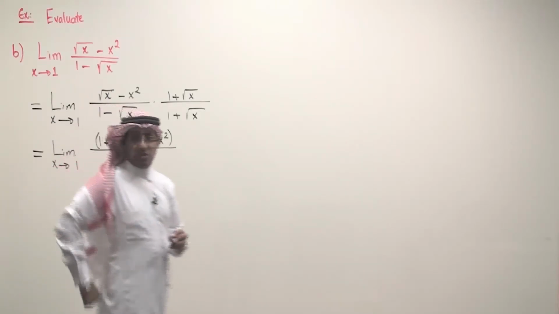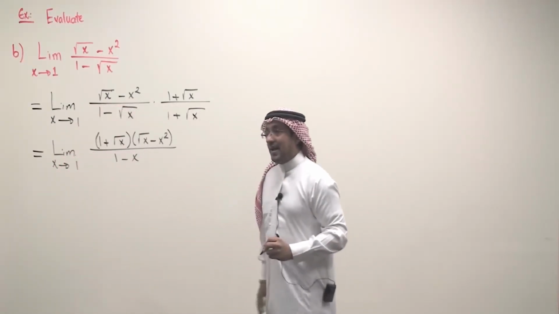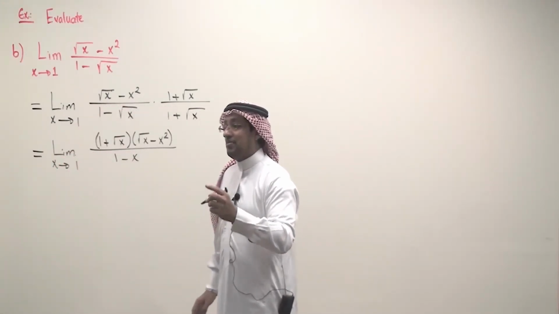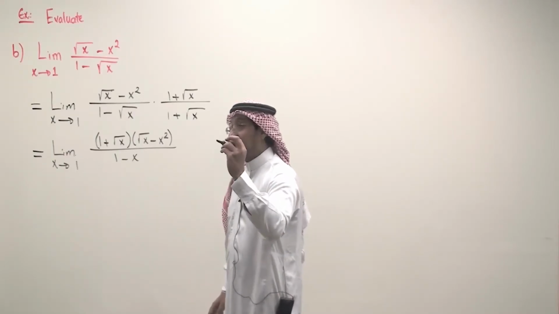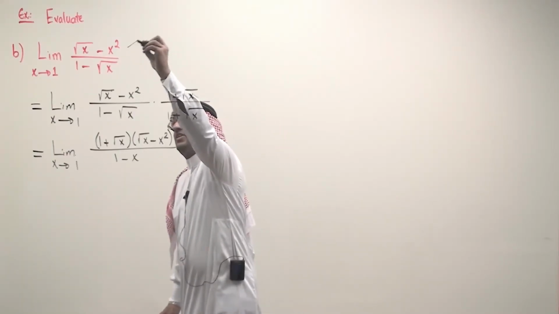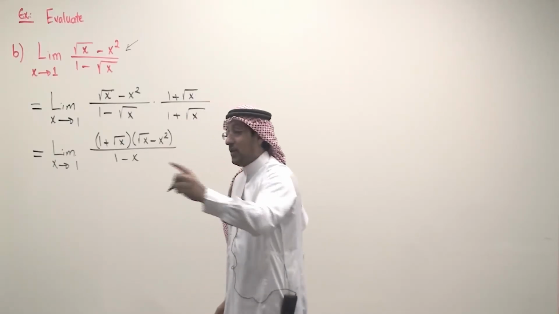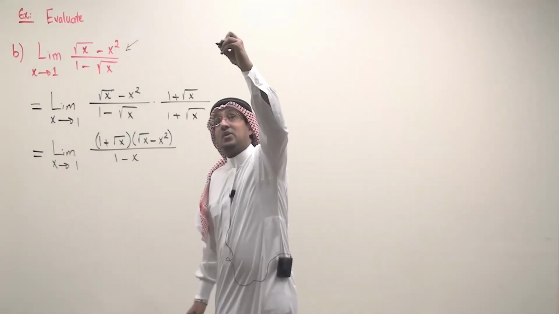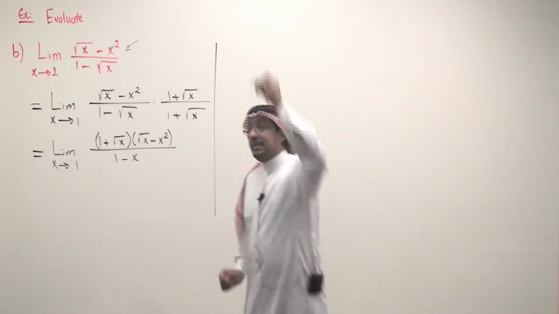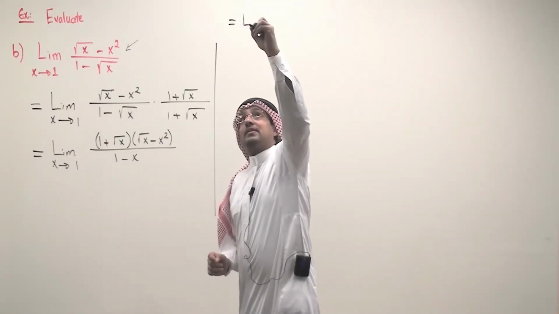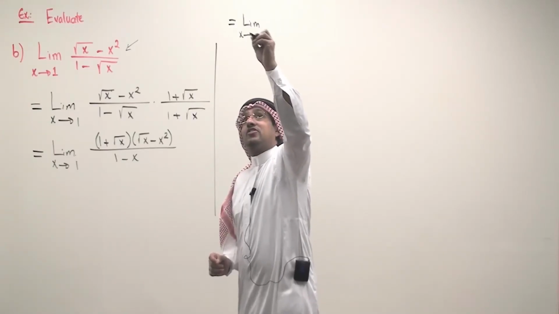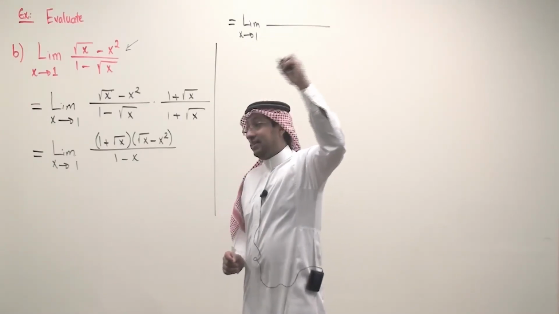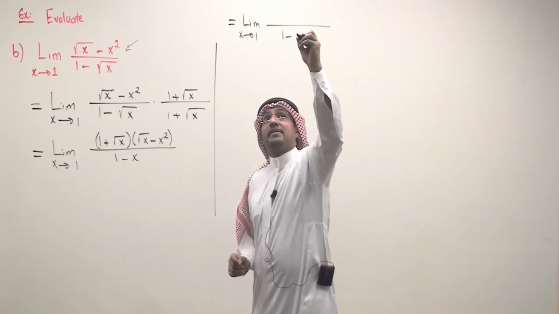What I can do here, I have the choice to multiply by the conjugate of the numerator, the conjugate of this one, or another way, I can just multiply and simplify and see what happens. This one equals the limit as x goes to 1, the denominator is 1 minus x.